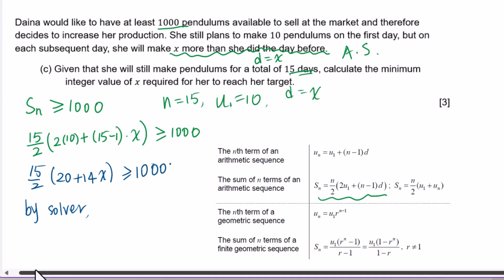By solver, X equals 8.10, which means when X equals 8.10, we can get 1000 pendulums. So X equals 9 is the solution because we need a minimum integer value of X.